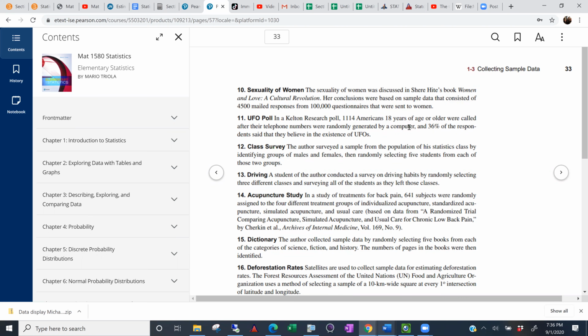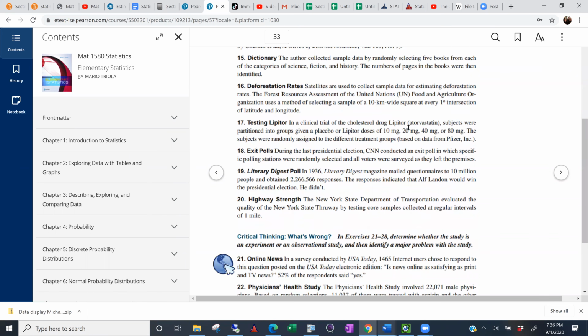Let's continue. Let me jump down to problem number 16. Deforestation rates. Satellites are used to collect sample data for estimating deforestation rates. The Forest Resources Assessment of the United Nations Food and Agricultural Organization uses the method of selecting a sample of 10-kilometer wide squares at every 1 degree intersection of latitude and longitude.